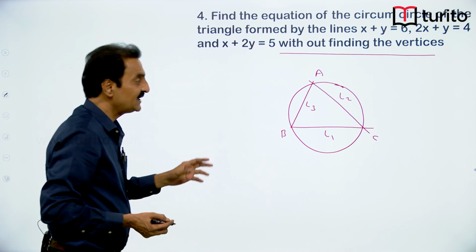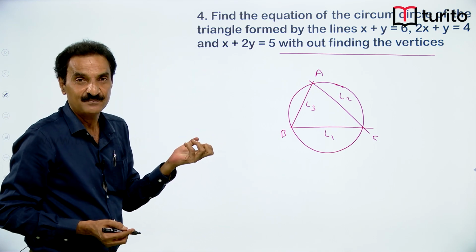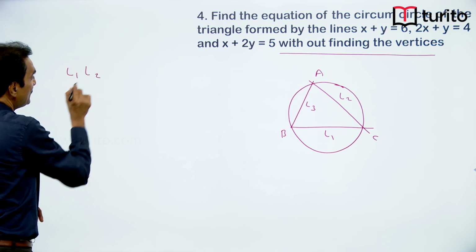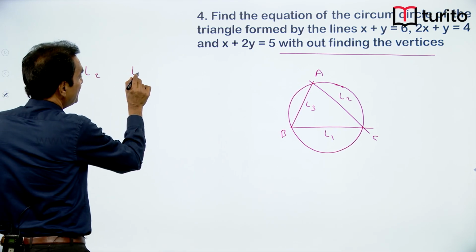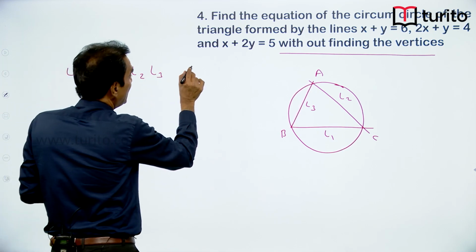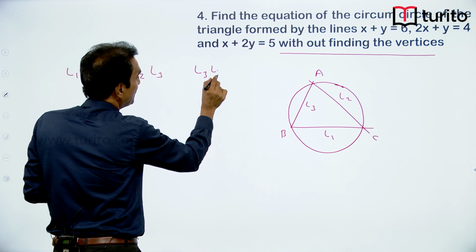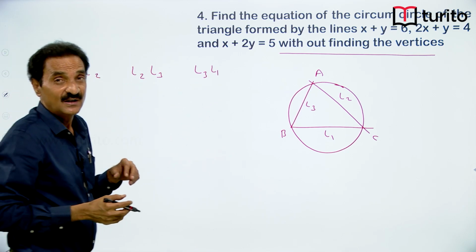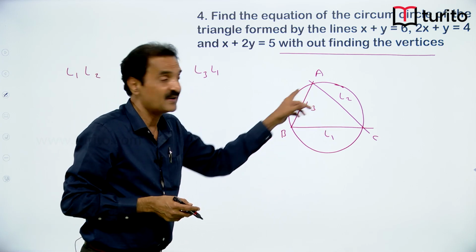So, if you want a second degree equation, you have to multiply 2 lines at a time. So, I will multiply L1, L2 and again L2, L3 and again L3, L1. Each one is a second degree equation, but I want an equation consisting of all the 3 equations.